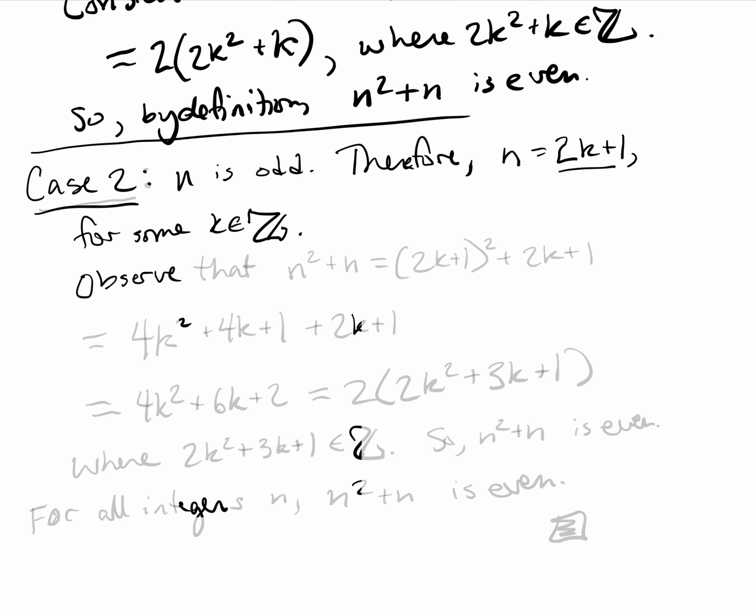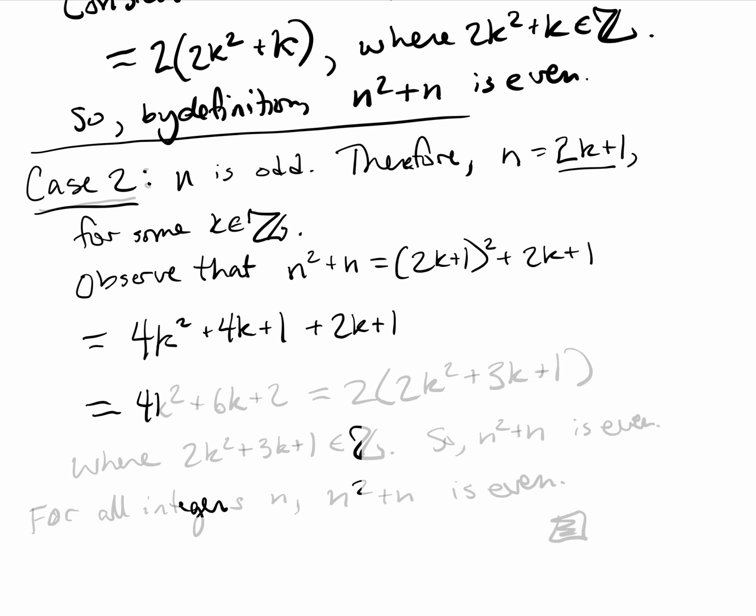Observe that the quantity we want to prove something about, n squared plus n, is then equal to 2k plus 1 squared plus 2k plus 1. And now I need to simplify that. So 2k plus 1 squared, if you do that out on scratch paper, you'll get 4k squared plus 4k plus 1 plus 2k plus 1. And so we can combine terms.